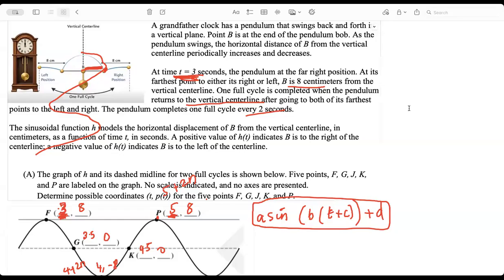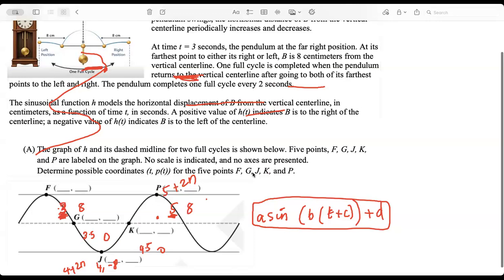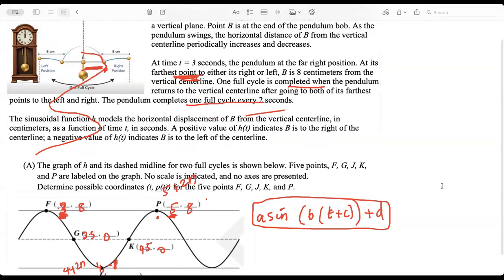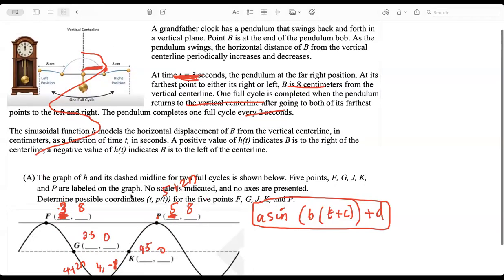Oh, the graph is, oh really, which one are they asking for, concave down? Oh, okay. Yeah, we need to put for concave down as well. So let's see. No, first let me finish this.